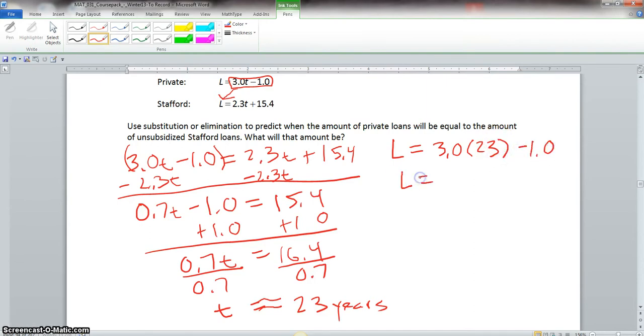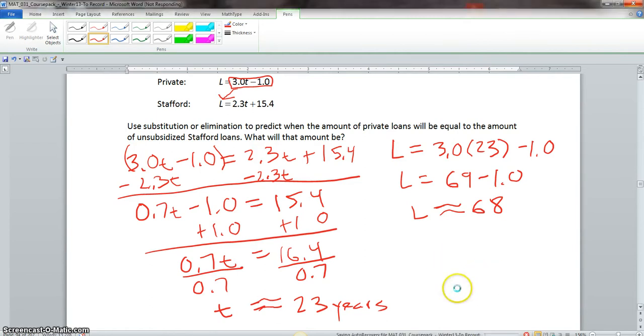So we have L is equal to 3 times 23 is 69 minus 1.0. So L, we know it's an approximation because 23 is an approximation, is approximately 68. Okay, now we have the time is equal to approximately 23 years, and then also the loan amounts is approximately 68 billion.